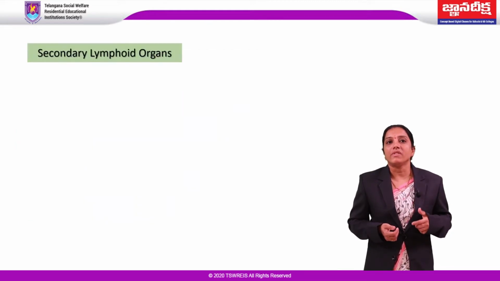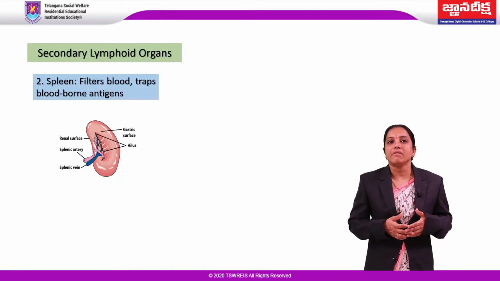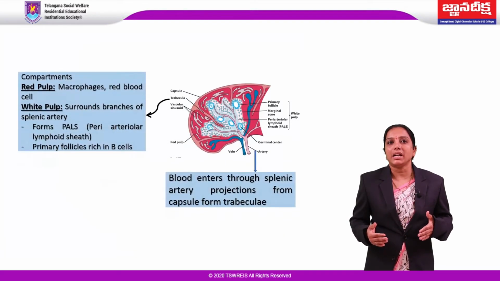And the next secondary lymphoid organ is the spleen. The spleen is the organ which filters blood and traps the blood-borne antigen. It is also an encapsulated organ covered by a capsule and has trabeculae which divide the spleen into two portions, that is red pulp and white pulp. Red pulp mainly contains the macrophages and RBCs. Due to the presence of RBCs, it is called red pulp.